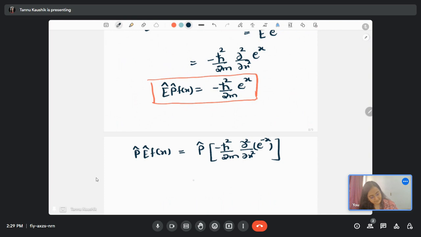Minus h bar square by 2m del square by del x square of e raised to minus x.